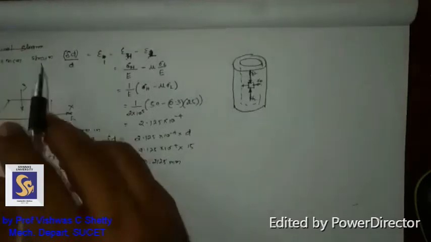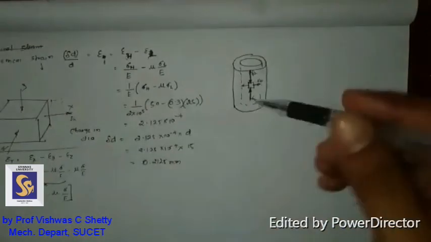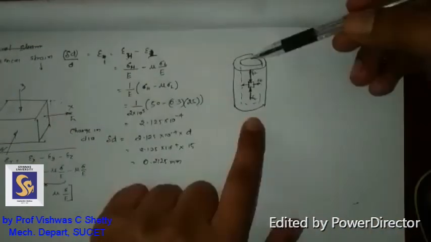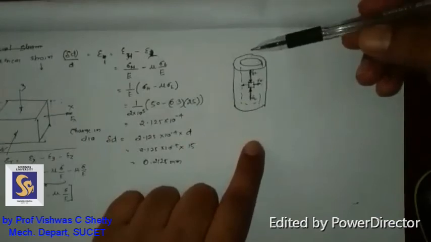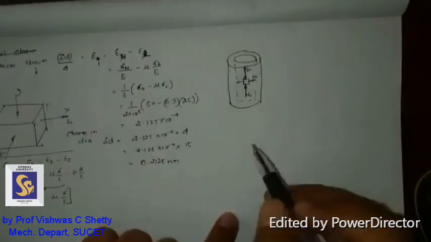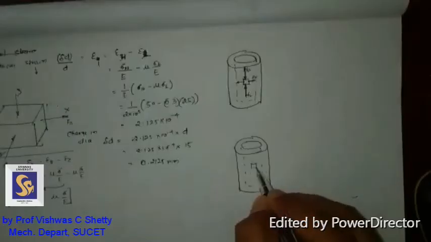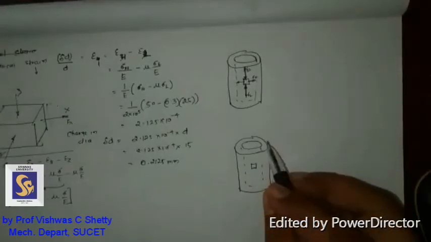Next, longitudinal strain. So diametrical strain we have found. Okay, now longitudinal strain. Let us consider this as a greater value. Now, see here, same fluid element.